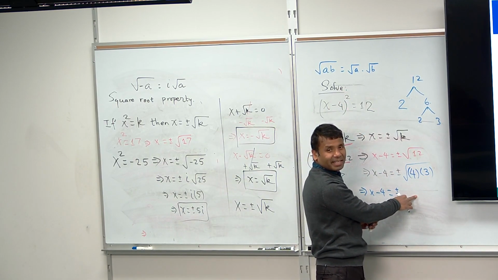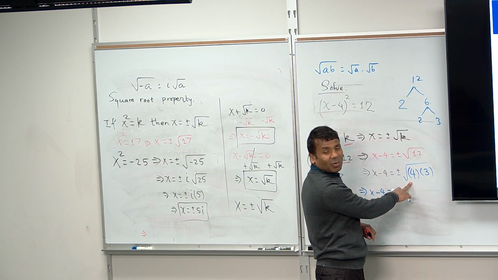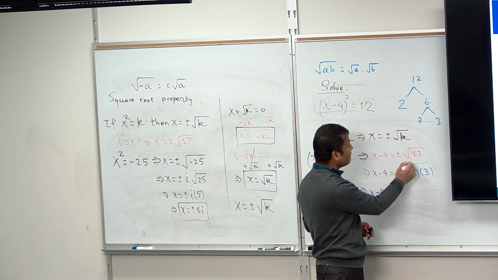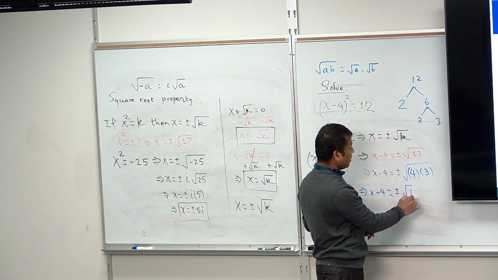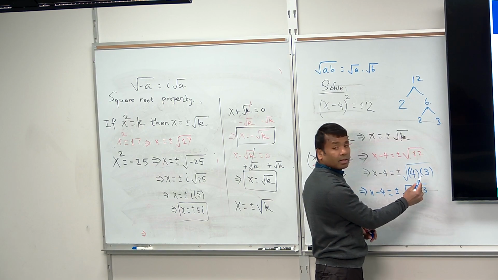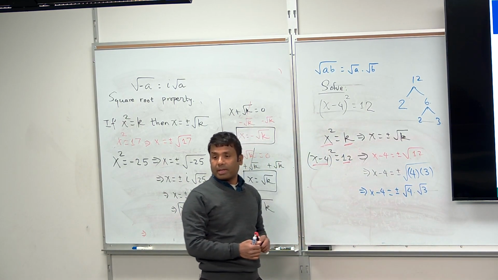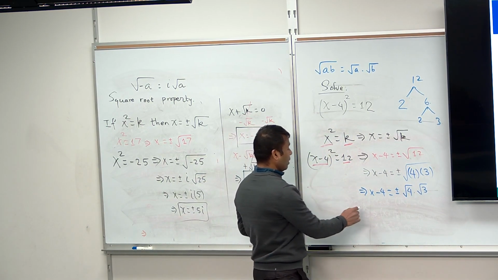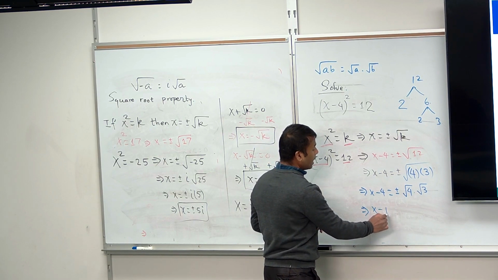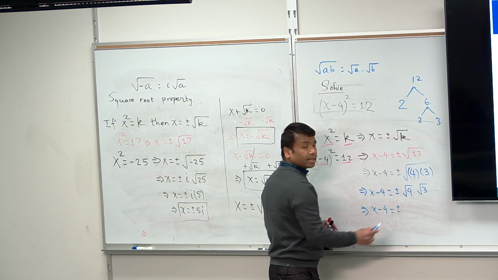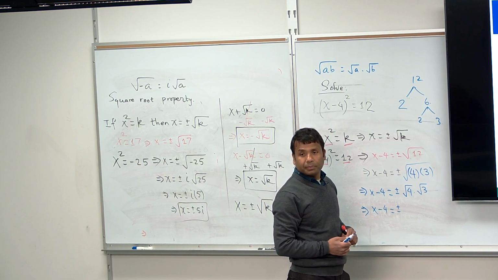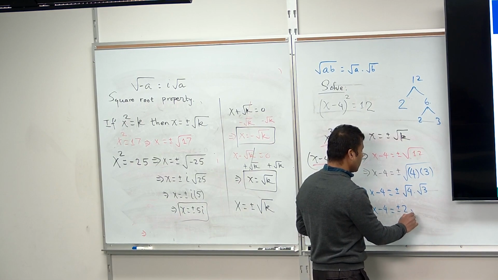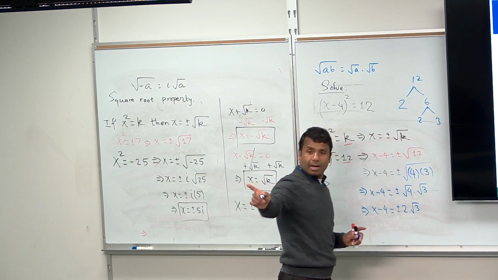What will be √(4 times 3)? √4 times √3. So now x - 4 = ±. What is √4? 2. So 2√3.